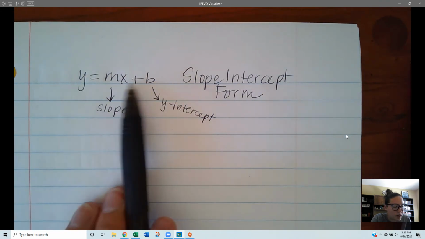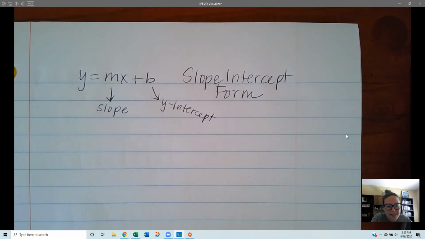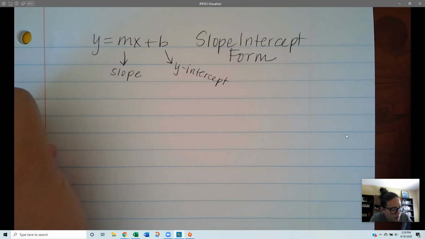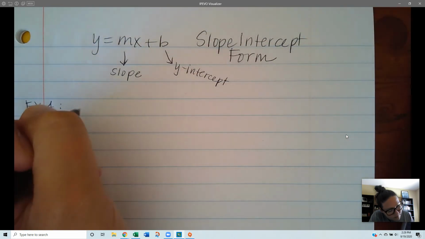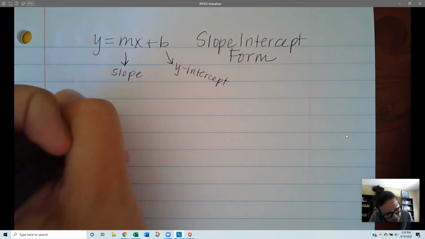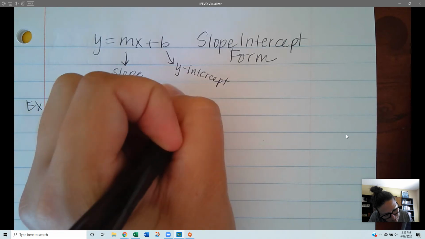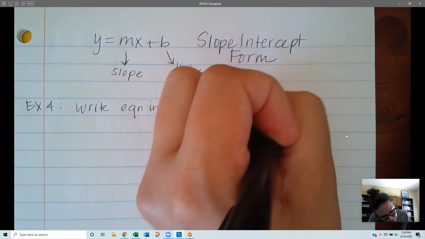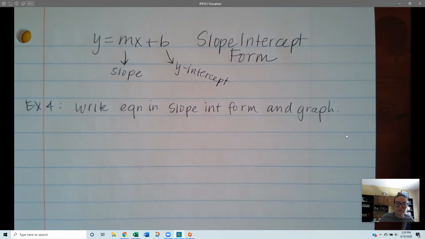So, example 4. Write the equation in slope-intercept form and graph. So let's say I have 3x minus y equals 5.